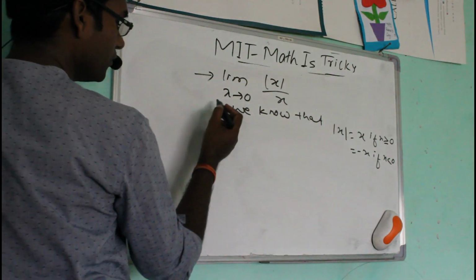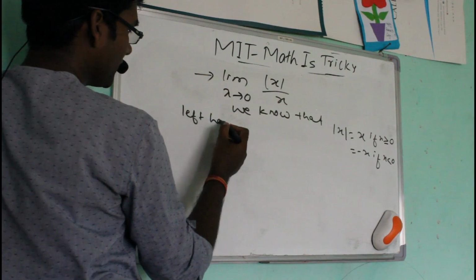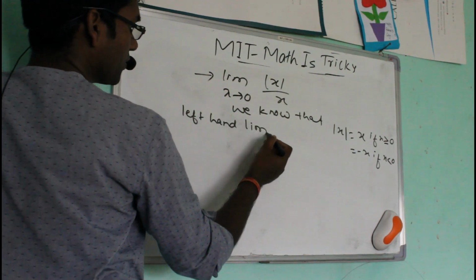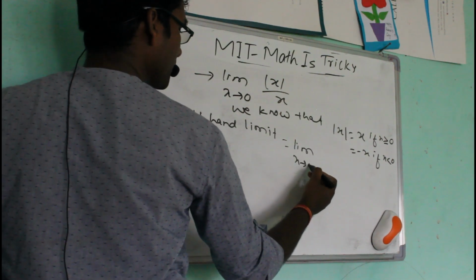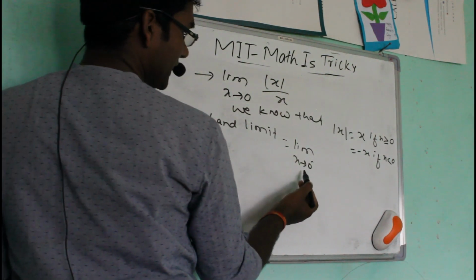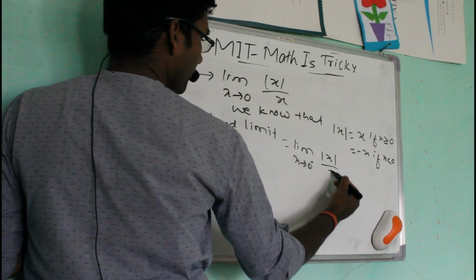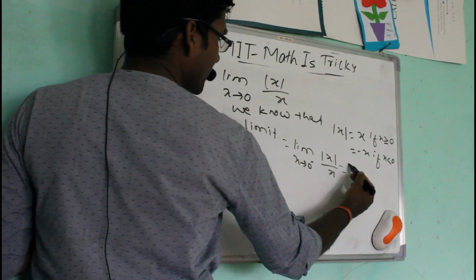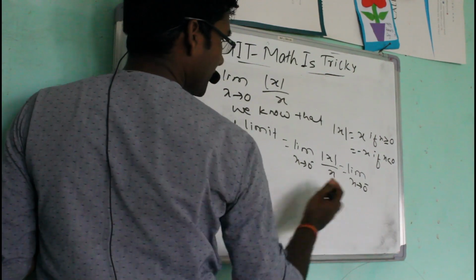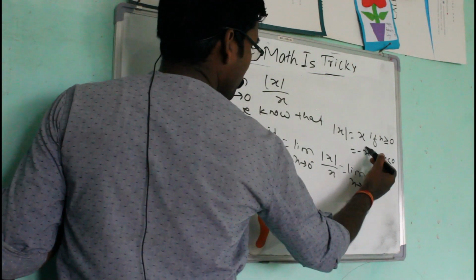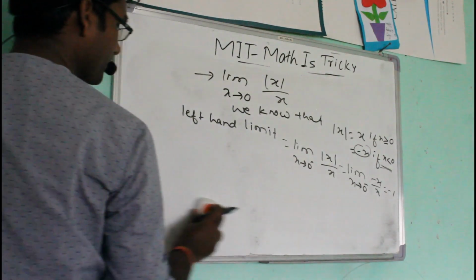So let's find the left hand limit, which equals limit x tends to 0 minus. We choose the function defined for the smaller value, which is minus x, so minus x by x gives minus 1.